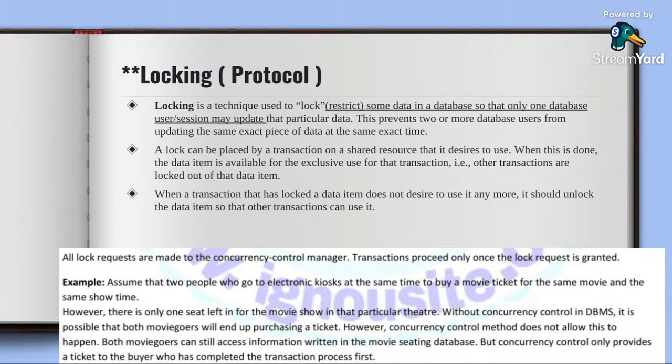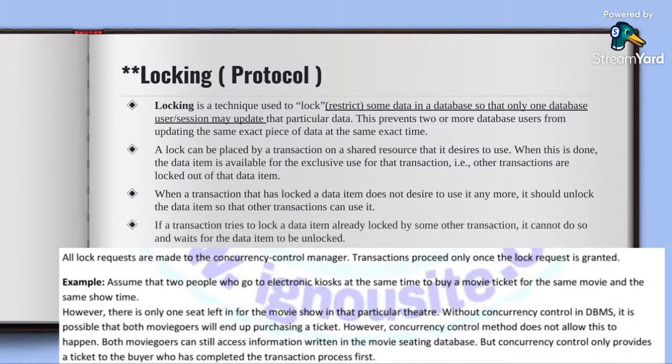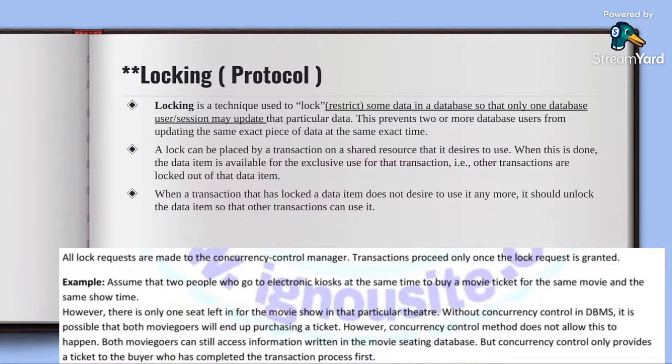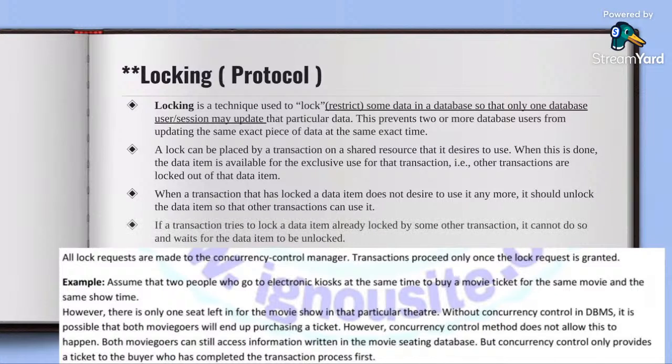When a transaction that has locked a data item does not desire to use it anymore, it should unlock the data item so that other transactions can use it. So who locks the data item? It's a transaction that locks it. So just to keep things to remember.